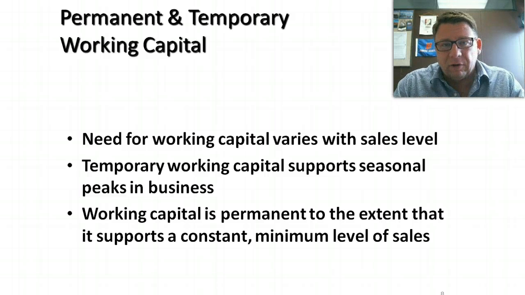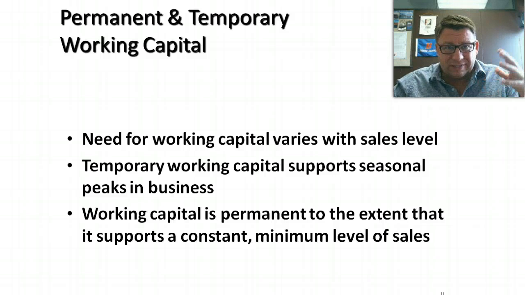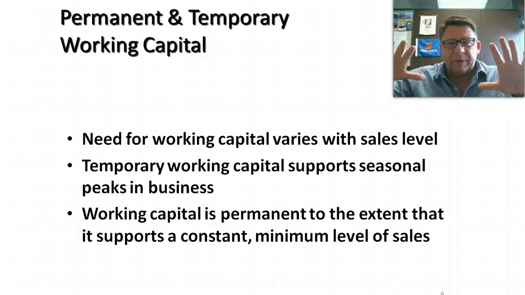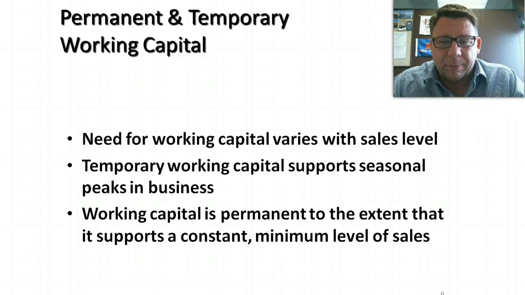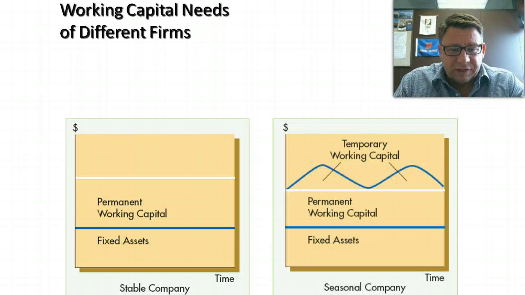The permanent level of working capital is what we need to support our constant minimum level of sales. So perhaps Toys R Us has a permanent level that they need, but at certain times of year, Christmas, Easter maybe, they might need additional working capital to support that, and we call that temporary working capital. So we have this permanent working capital, and then on top of that there might be some seasonal needs.